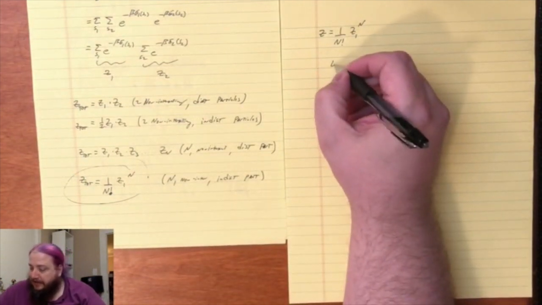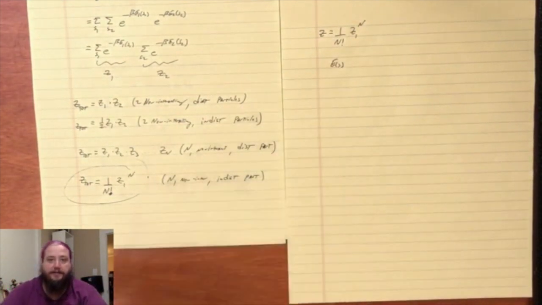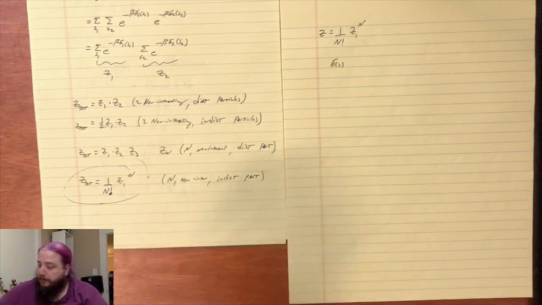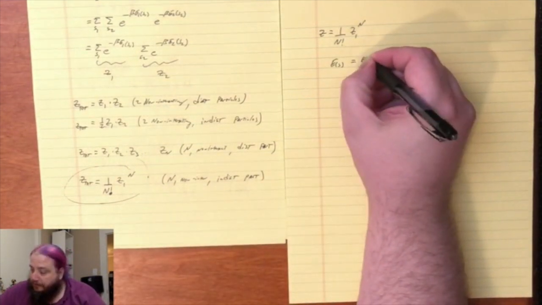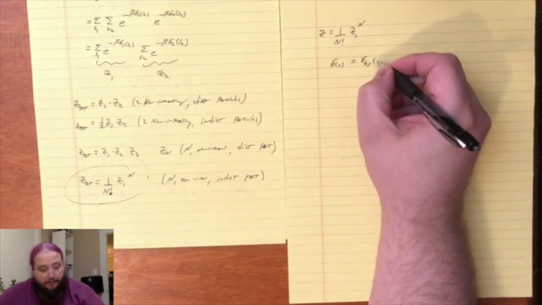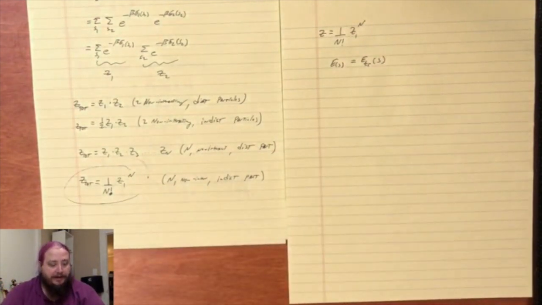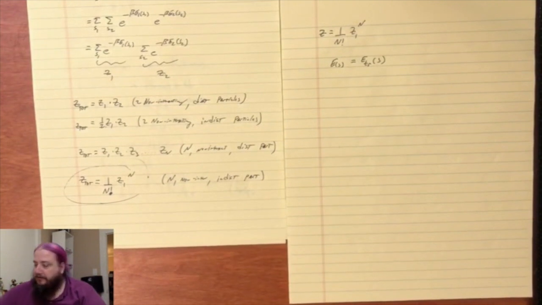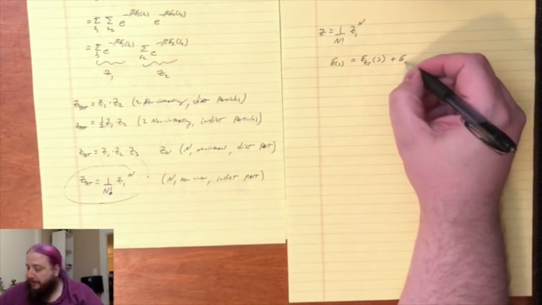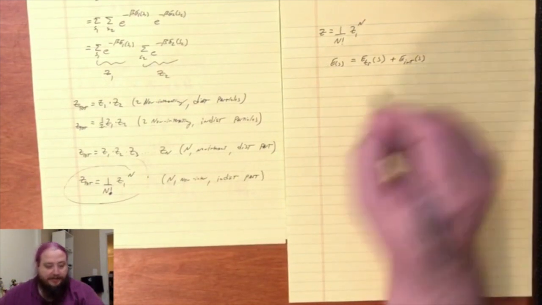The energy of a state of a single molecule in our ideal gas is going to be some translational kinetic energy related to that state, plus some form of internal energies related to that state.